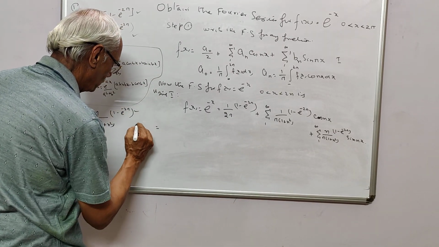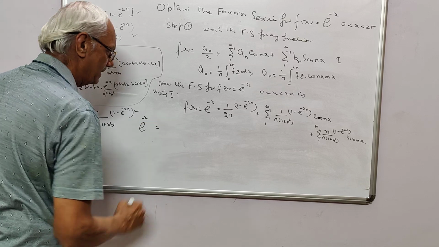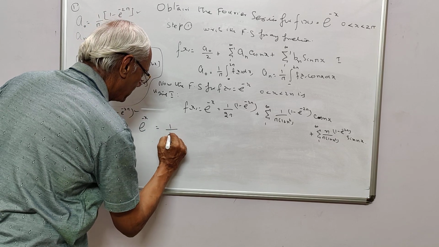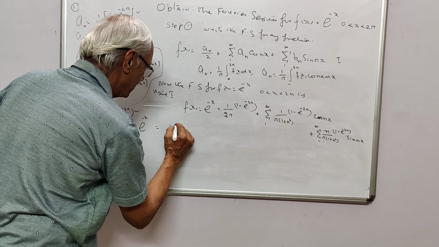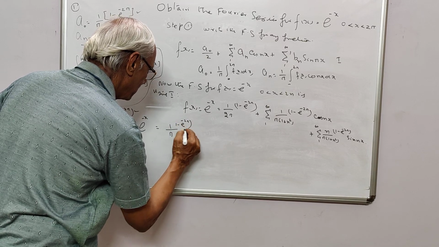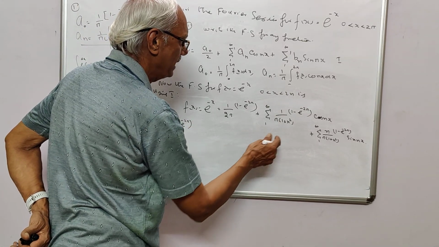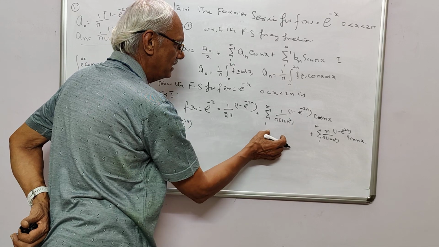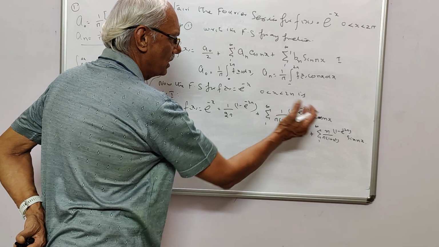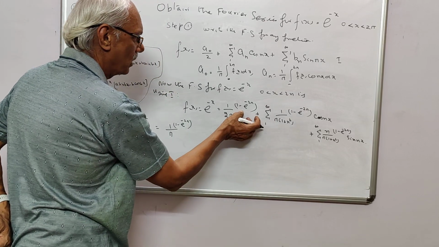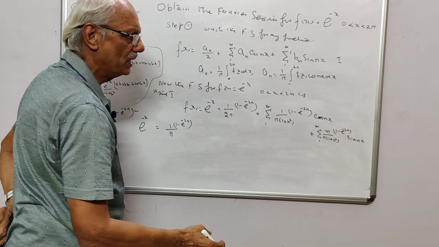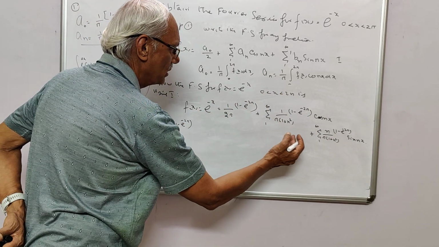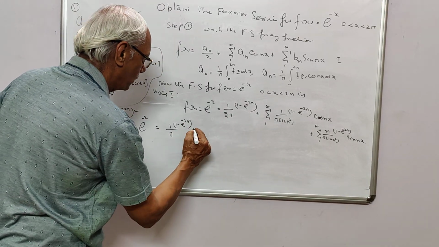Now e to the power of minus x equals this. Here 1 by pi can be taken outside, and 1 minus e to the power of minus 2 pi can be taken outside because it does not involve any n. But you cannot take the n and everything outside, because n is the summation index, running from 1 to infinity, so it has to stay in the summation.